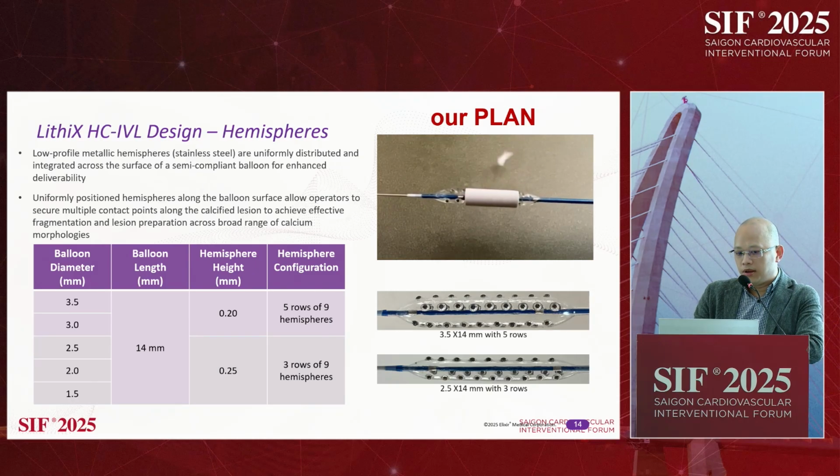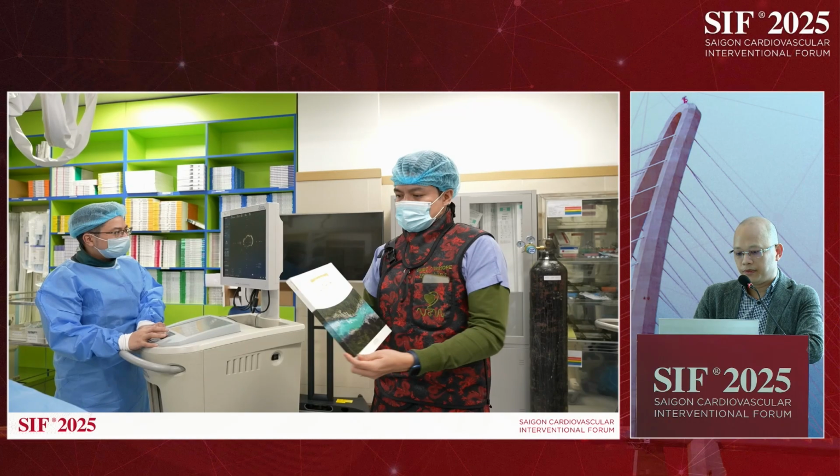We chose the Lithix, which has low-profile metallic hemispheres uniformly distributed along the balloon body. This is a short balloon, and based on the IVUS, the reference is 3.0, so we chose the 3.0 by 14 balloon from Lithix.